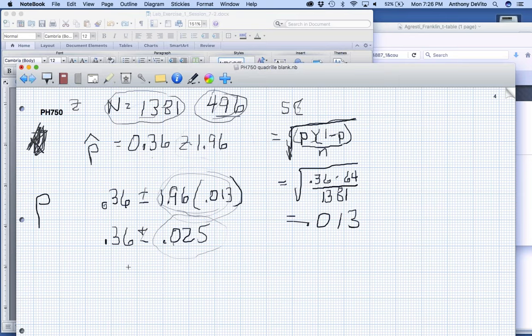So my 95% confidence interval is going to be 0.335 to, adding 2.5% to that, 0.385. In other words, 33.5% to 38.5%. We're 95% certain the true proportion of all the Irish marchers is between 33.5% and 38.5%.